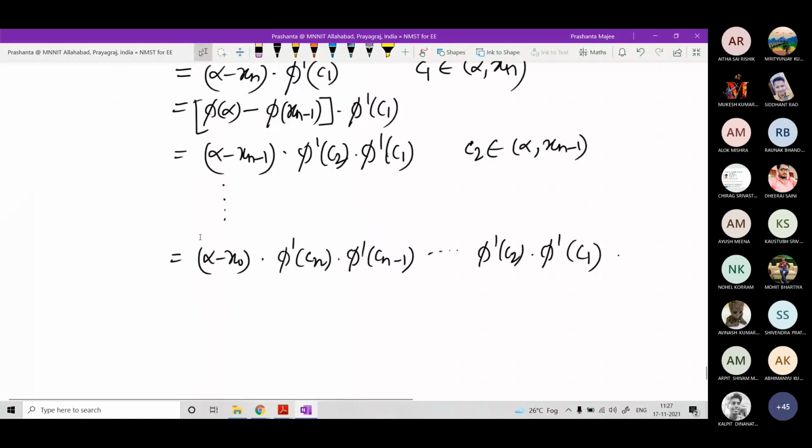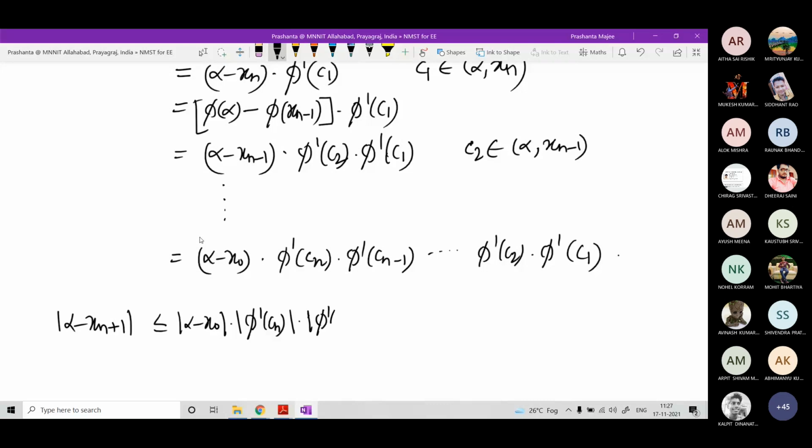Take modulus on both sides. So alpha minus xn plus 1 will be, tell me, less than or equal to alpha minus x naught, mod phi dash cn, mod phi dash cn minus 1, up to mod phi dash c1.